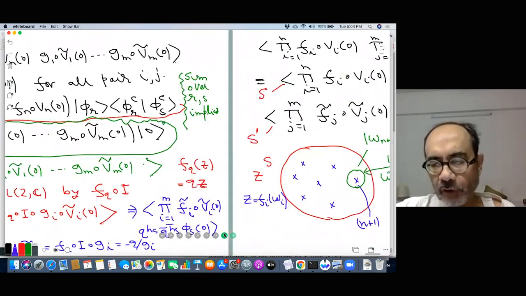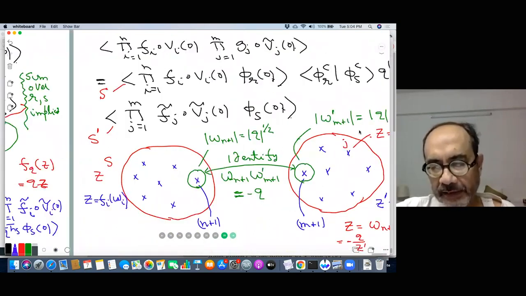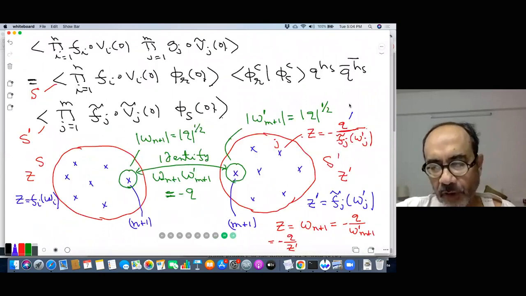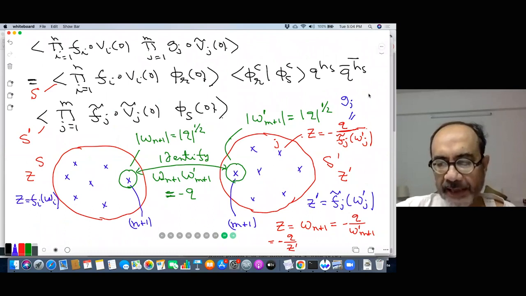So this is precisely g_j of w prime j. So the relationship between z and w prime j is just z equals g_j of w prime j. That's exactly the left hand side.